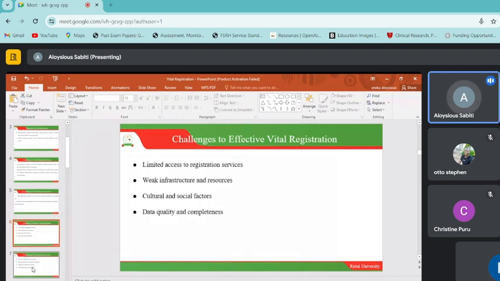One major challenge is limited access to registration services. These registration services are only offered in urban settings, or in places that probably have religious institutions or schools or health facilities. And therefore, some of the population that is hard to reach, that is away from such services, most times do not access them.